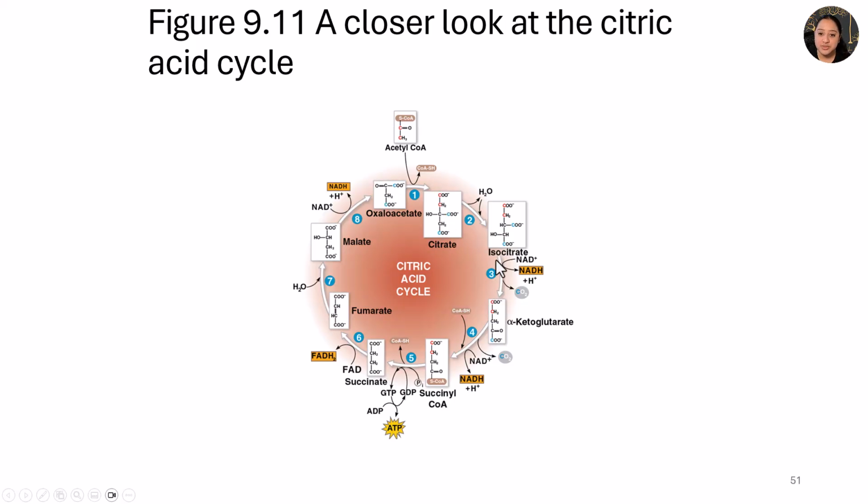And then the next reaction makes isocitrate, and then the next reaction makes alpha ketoglutarate. The next one, succinyl-CoA, the next one succinate, the next one fumarate, the next one malate. And then at the end, you remake oxaloacetate, and that's going to feed into the next round. So again, because you have 2 molecules of acetyl-CoA, you're going to run this twice.